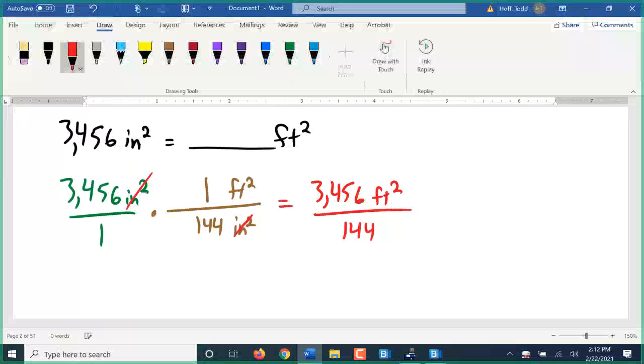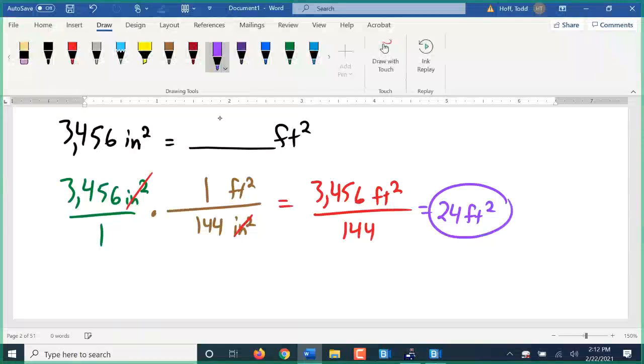And we have to divide that out. 3,456 divided by 144, I believe that is 24. So 3,456 square inches is 24 square feet.